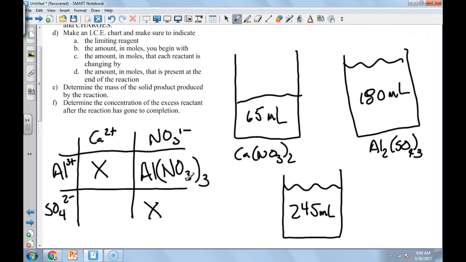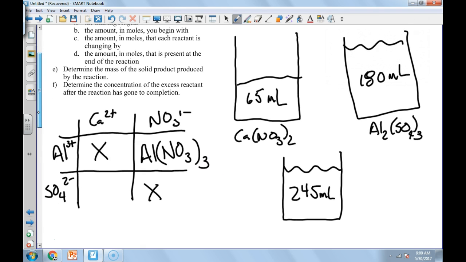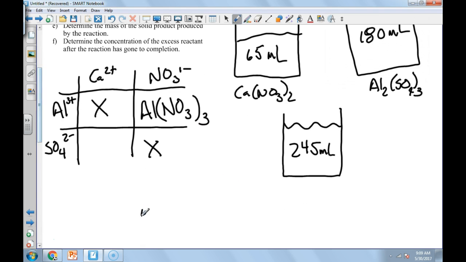And this is important. This number here we want to figure out based on the charges, right? Because what we have is aluminum 3+ and nitrate 1-. Least common multiple is 3, so there's 1 there, and there's 3 there. So that's why this is aluminum nitrate.